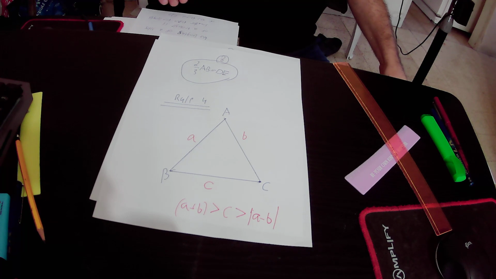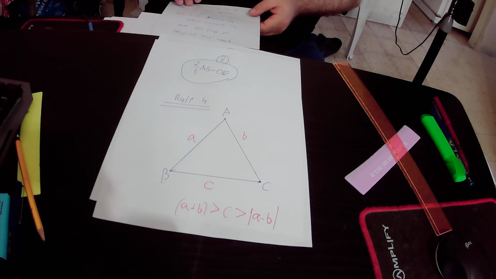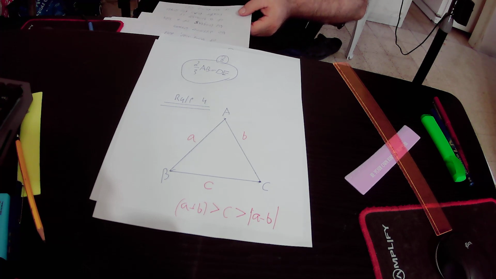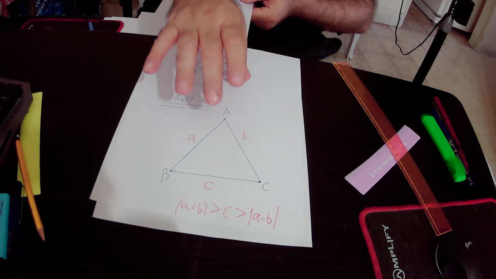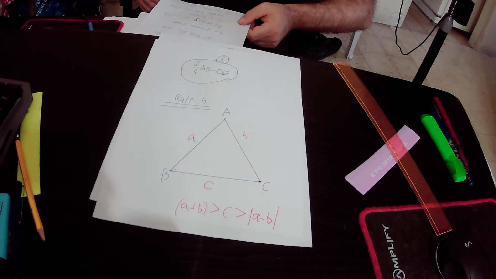And we also have rule number 4, that is true for any triangle. This triangle ABC could be any triangle. According to rule number 4, the sum of the lengths of two sides of a triangle is greater than the length of the third side.